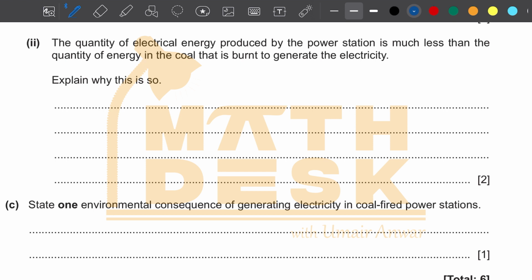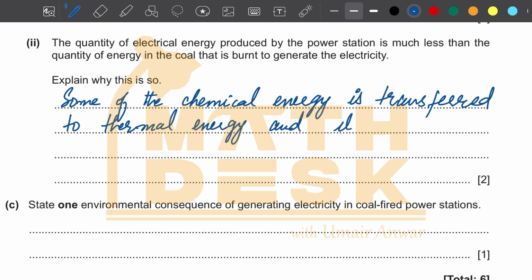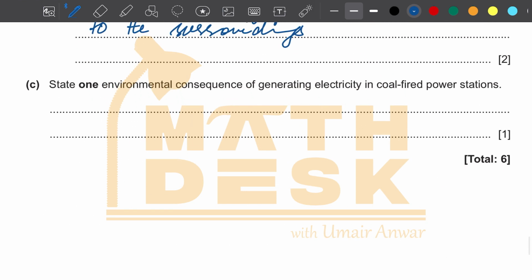So the reason for this is that some of the chemical energy is transferred to thermal energy and this thermal energy is lost to the surroundings. So it is wasted and not converted into electrical energy.